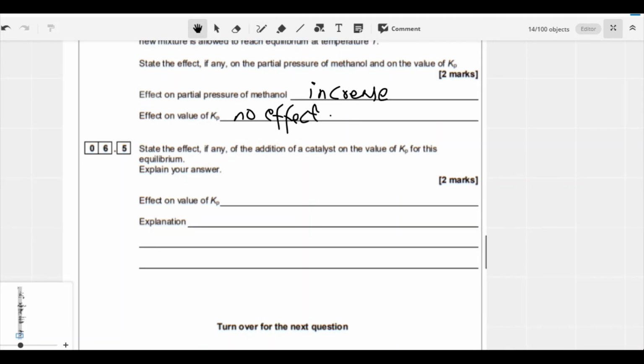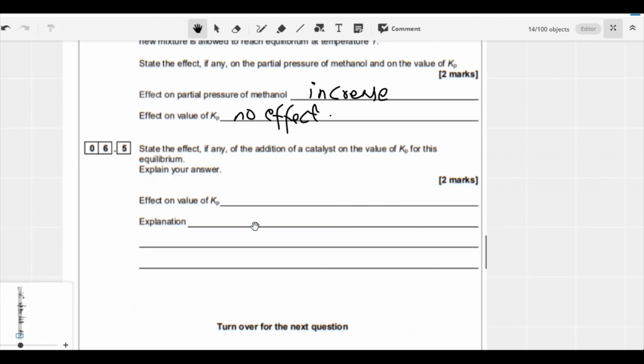Okay, 6.5: state the effect, if any, of the addition of a catalyst on the value of Kp for this equilibrium. You know that there will be no effect of the catalyst on the equilibrium, because Kp is constant. The system is in an equilibrium state, so the catalyst increases the rate of forward and backward reaction equally. That is the role of a catalyst, to speed up the rate of reaction, so it means there is no effect.